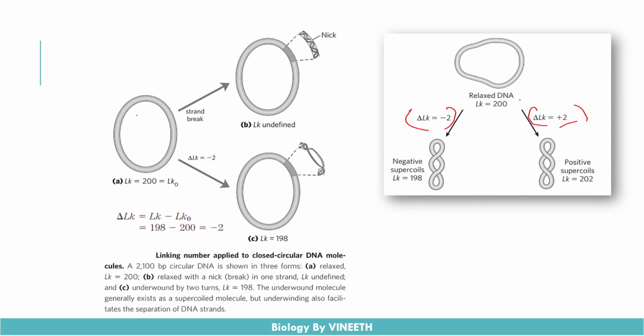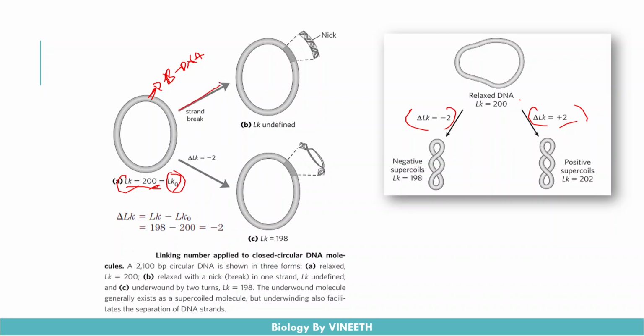The same thing happens here. Suppose you have a linking number of 200, so 200 links are there in this normal B-DNA. This initial B-DNA has the initial linking number of 200, so Lk naught is 200.